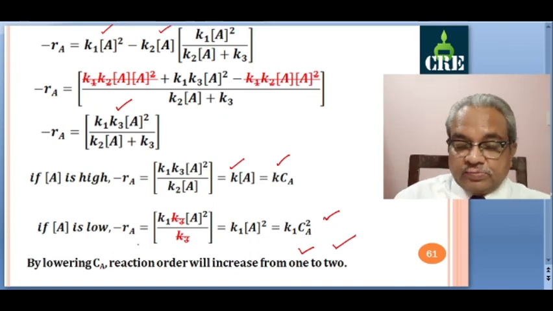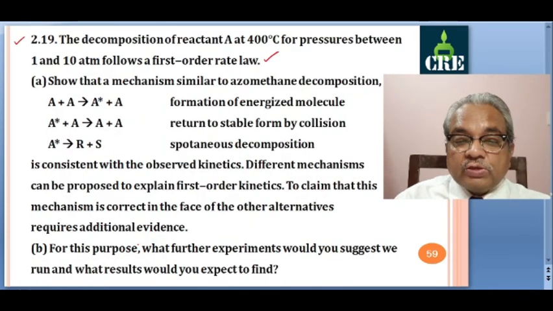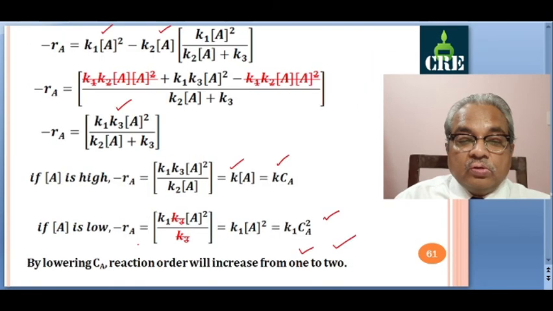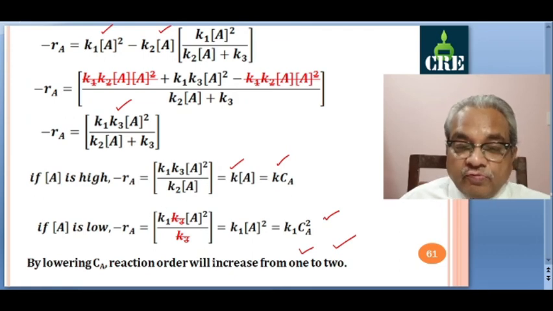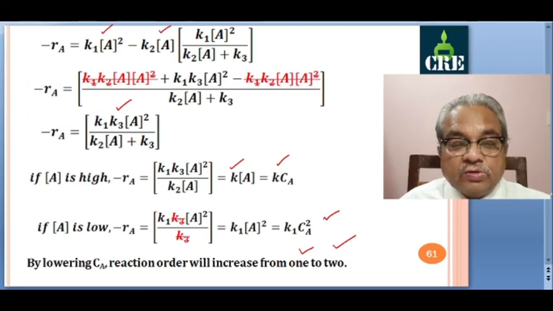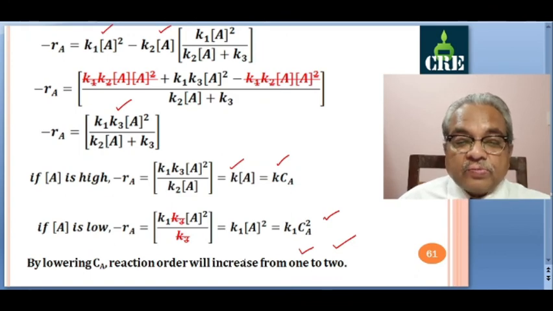So for this, how will you test? What kind of experiments will you perform? So you check at higher concentrations. As the reaction proceeds, the concentration will become low, and you check whether, by lowering concentrations from high to low, you find the reaction order changing from 1 to 2.